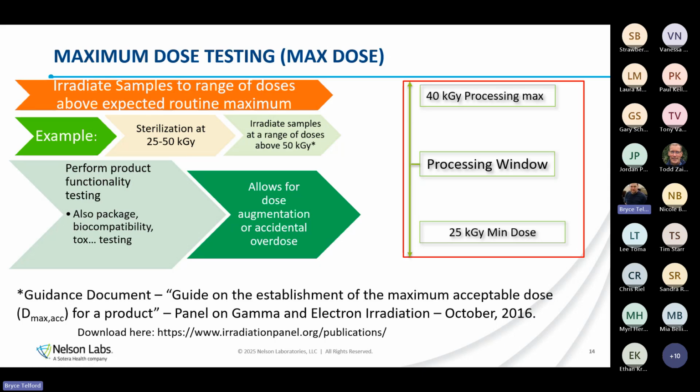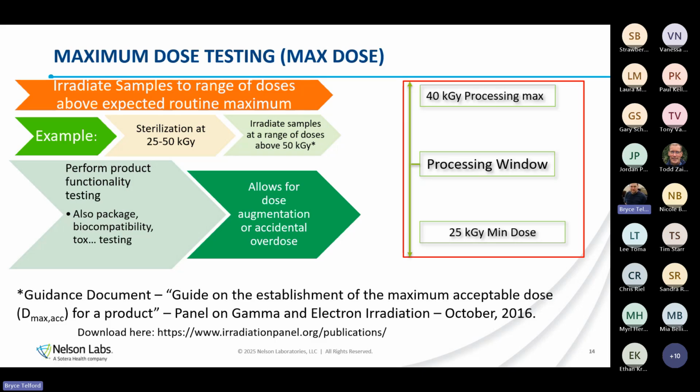and the product remains functional. Guidance is provided within the ISO standards when it comes to establishing your dose ranges and your maximum dose. The key to consider is that your product is going to be validated for sterilization. If, for example, at 25 kilogray, your processing window is going to be 25 to 40.